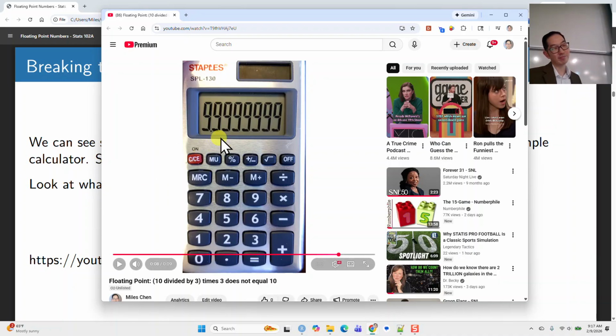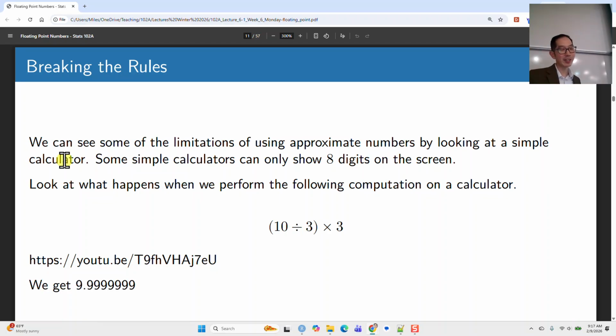And we're like, okay, that's fine. But if you think about that, there's something profound going on. We've broken one of the basic rules of math, right? If you wrote this answer down, like if you said, what's 10 divided by 3 times 3?